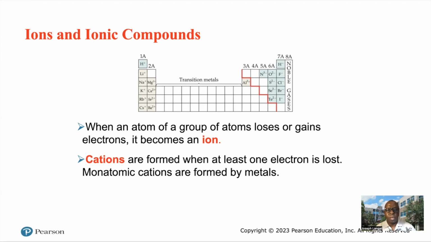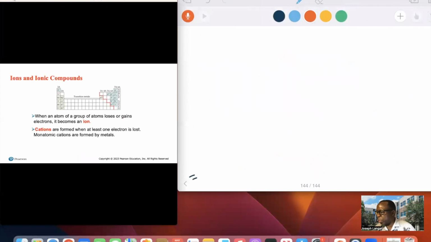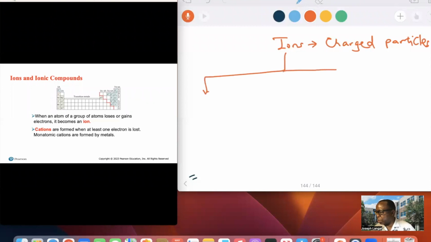Let me come back to the word mono. We have what we call ions here. These are charged particles, and I think I gave you this earlier on.